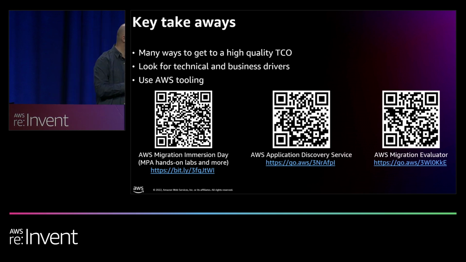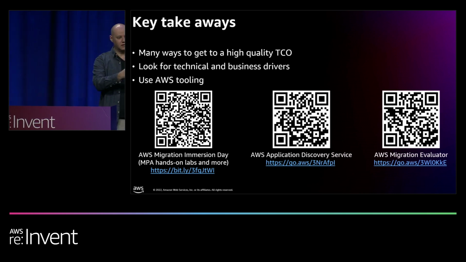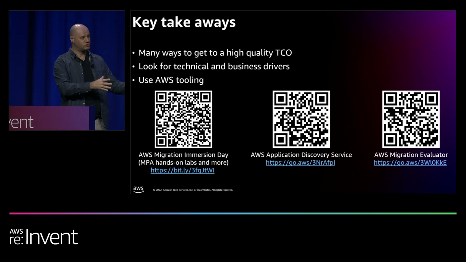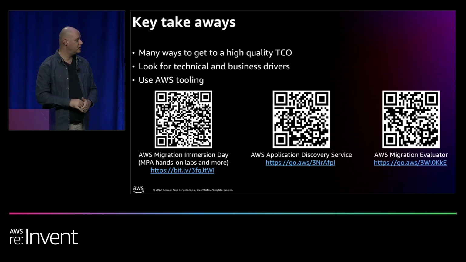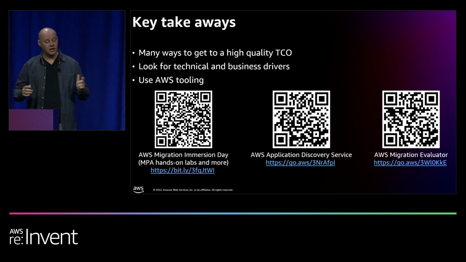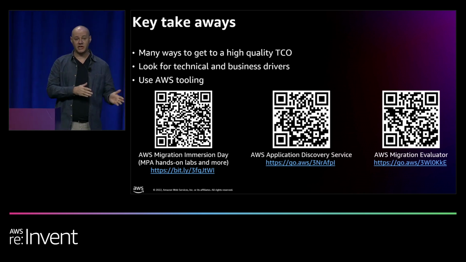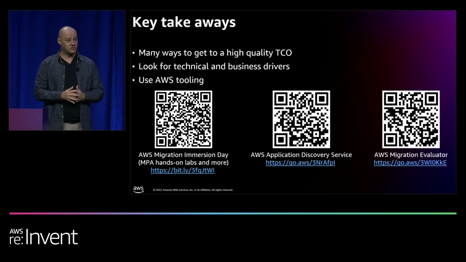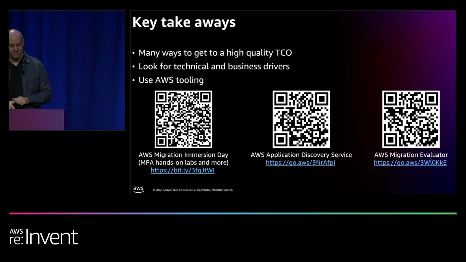So in the Migration Immersion Day, you have the MPA lab. You get guided information like instructions with screenshots where you can replicate the steps that we shown here today. You also have other tools that you can practice. You have the Application Discovery Service, Discovery Agent installation, and data collection. So you can practice that as well as part of the Migration Immersion Day.